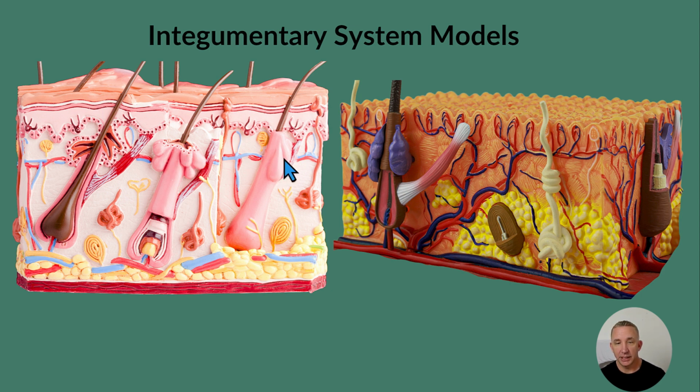Sebaceous glands. So these pink structures here, and then they opened it up here. It goes around the hair. On this one, it's this purple structure here. This is secreting oily sensations that we call sebum. So I get that oily sensation on my hair, my skin. That's produced by sebaceous glands.